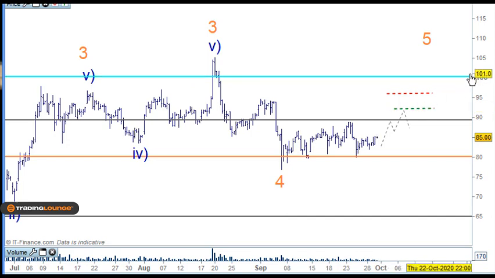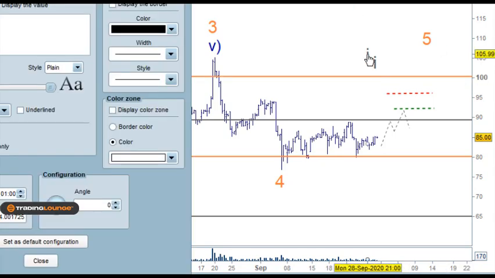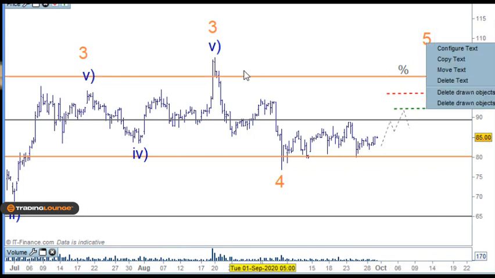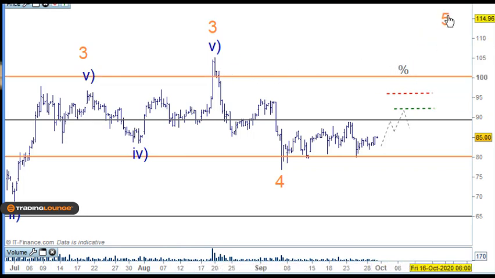Normally we'd take the money at 100, but we'll probably take a percentage there, and I'll just put that in there just to stay on point. Because we should be going above this here, you know, as the fifth wave here.